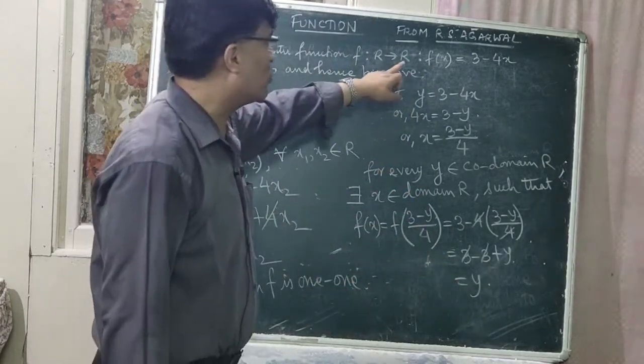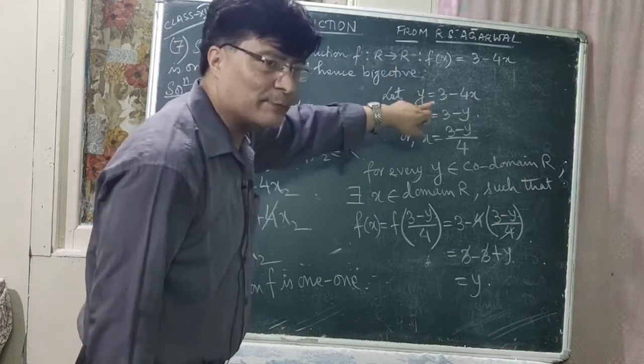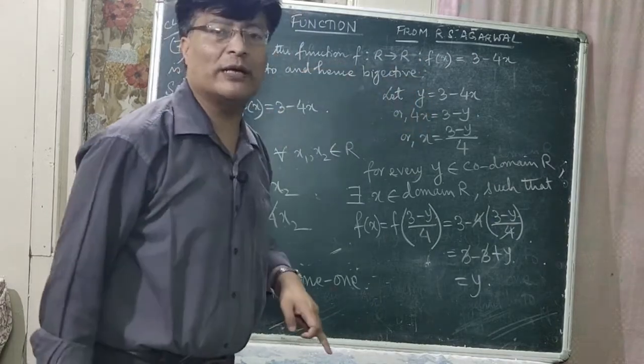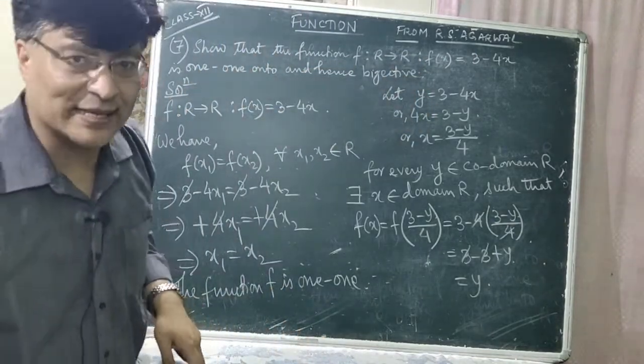So now every element y that belongs to the codomain R has its pre-image in the domain R. Is that clear?